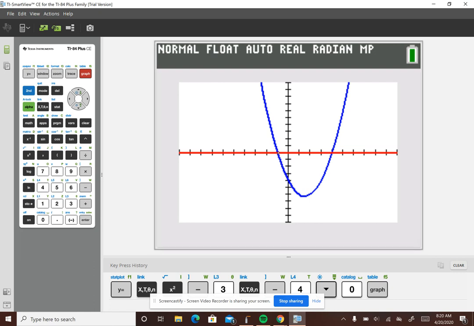So look, on this, I don't know if I can use my pointer, but if you look at where it crosses, right, there and there, it looks like it's about -1 and +4, where these two lines intersect. It also is, if we have the equation set equal to 0, like we did, just the roots.